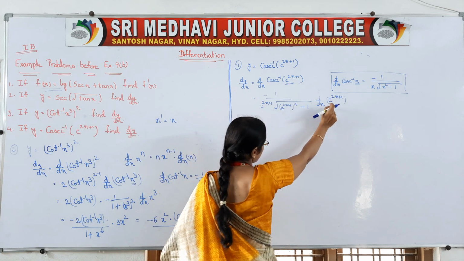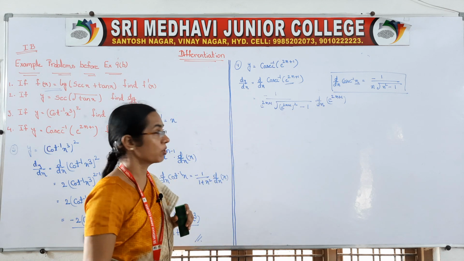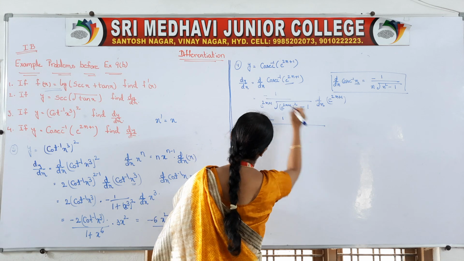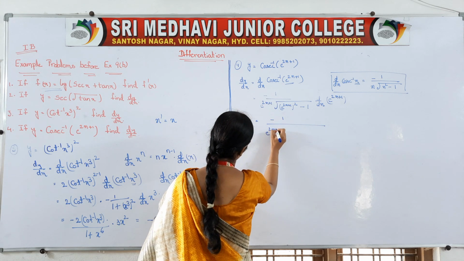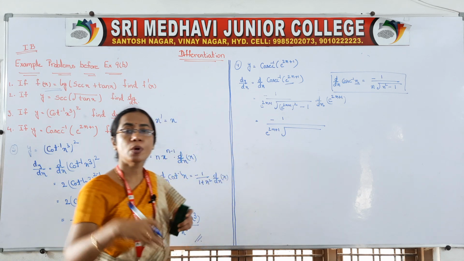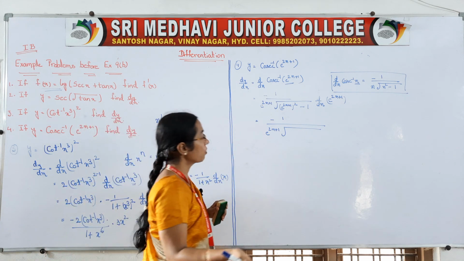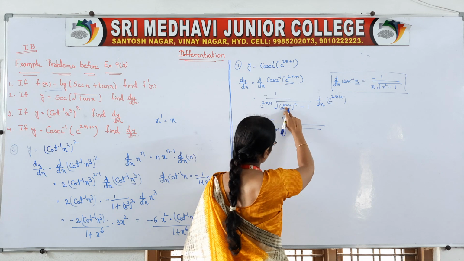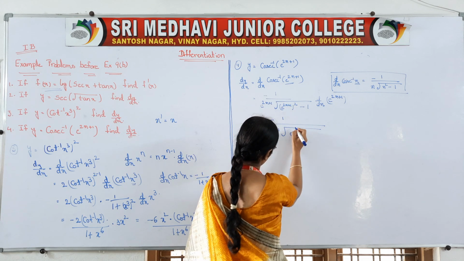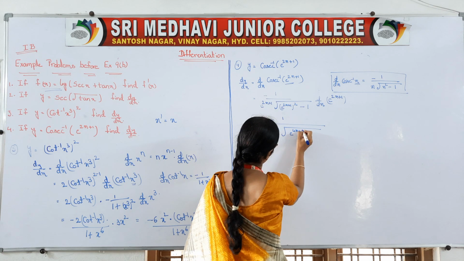That's why you have to take d by dx of e to the power of 2x plus 1. So it is equal to minus 1 by e to the power of 2x plus 1 root of, come on, a to the power of m whole to the power of n is a to the power of m into n. So e to the power of 2x plus 1 whole square means e to the power of 4x plus 2.